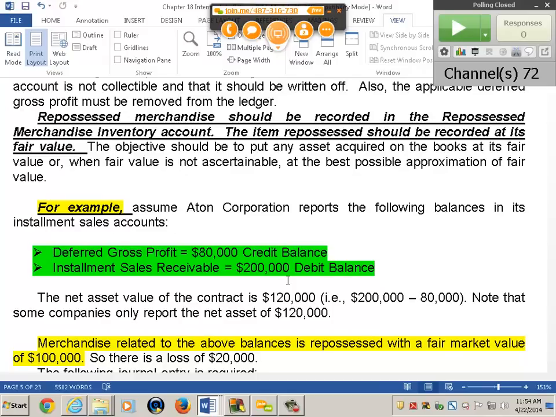The net asset value is 120. If the company has to write off the receivable net of the deferred gross profit, they have to write off the net asset value because the asset is worthless now, but they are going to repossess the merchandise.